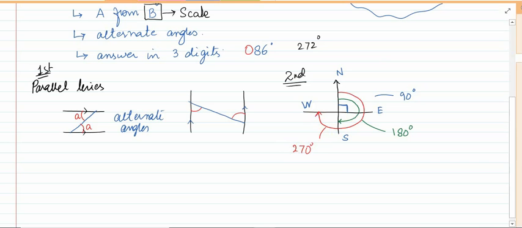And the last one, if you travel from north and cover the whole circle, it will be 360 degrees. These four quadrants are very important. These two things which I have explained are the backbone of the topic bearings. If you have a good understanding of these two properties, trust me, this topic will be easy for you.